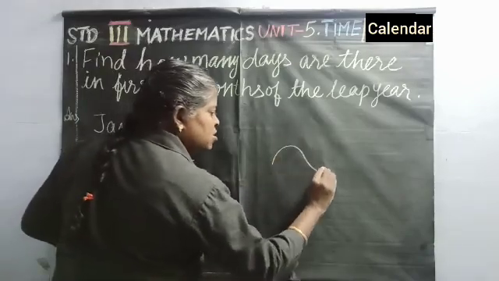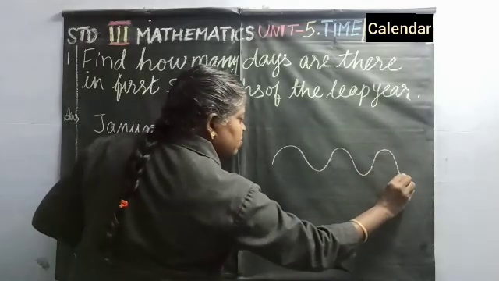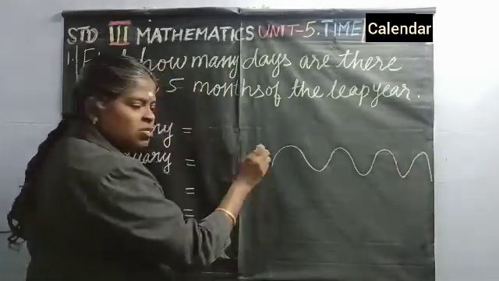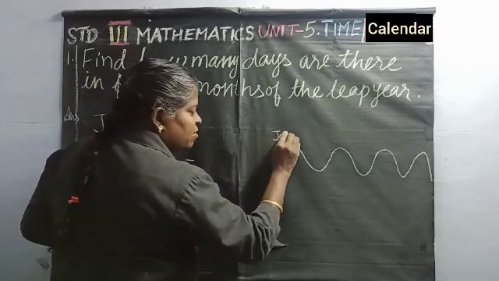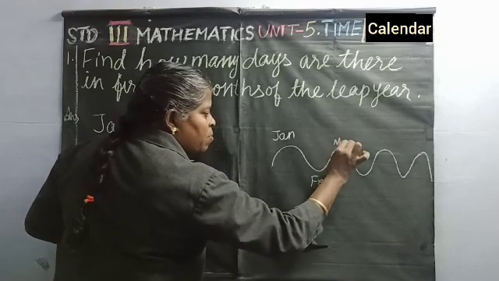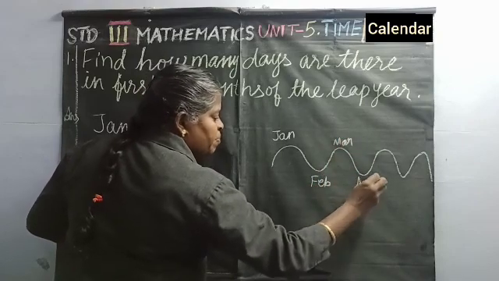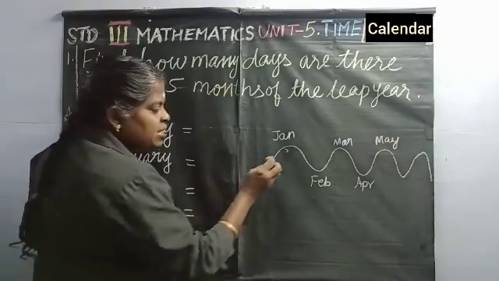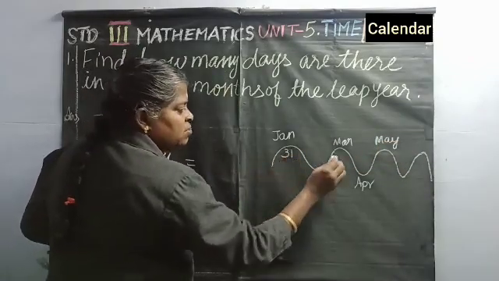Now we can find the number of days. So first we can draw. First January, February, March, April, May. So the knuckle is 31 days.